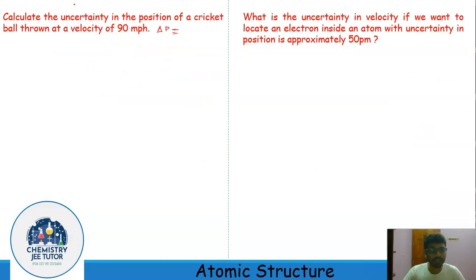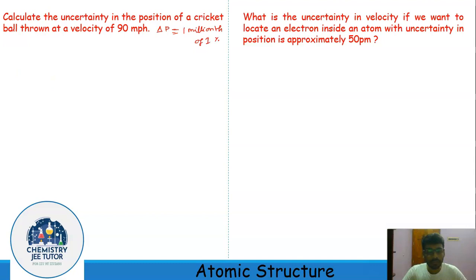Here also we are taking the same example as we have taken before, the calculated uncertainty in the position of a cricket ball thrown at a velocity of 90 miles per hour, where the uncertainty in the momentum will be 1 millionth of 1%.